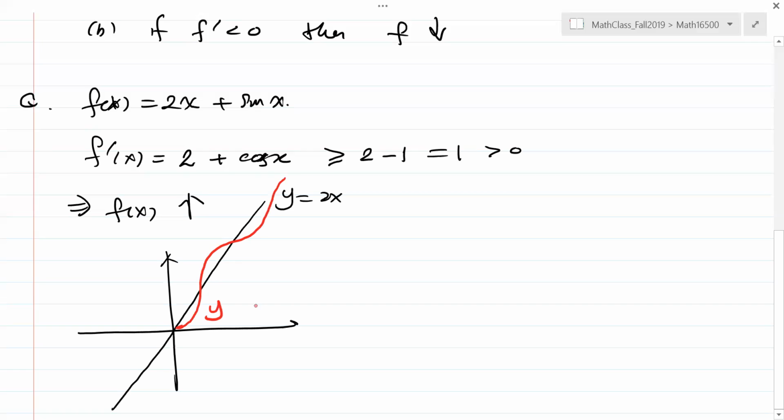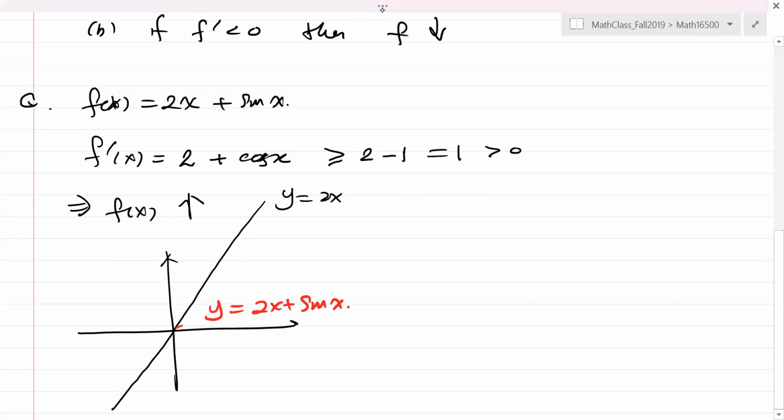Here's y equals 2x plus sine x. My picture is not exactly correct, so it looks like that, but doesn't mean exactly like this.